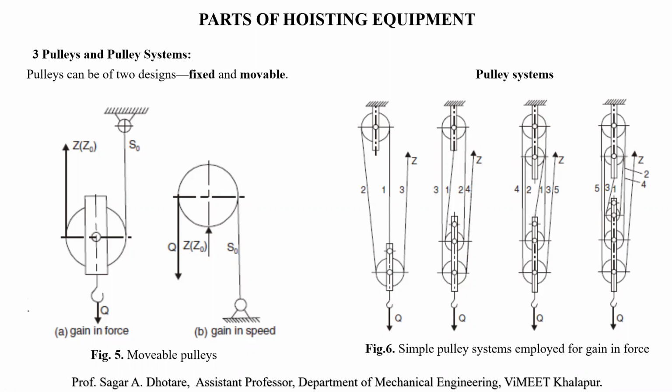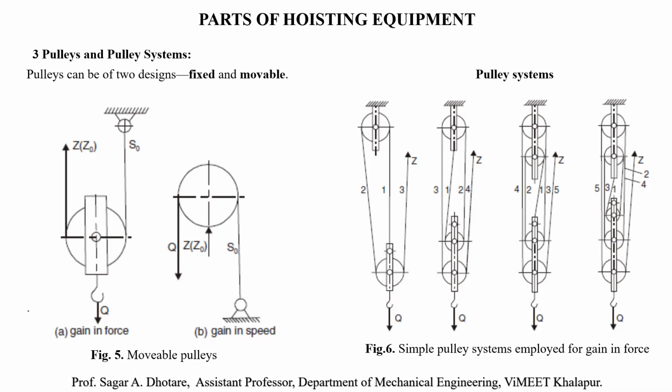In case of a hoisting mechanism, the use of each pulley increases the pulling effort on the rope because of the resistance offered by the pulley. The pulley resistance arises out of the resistance of the rope to bending over the pulley and the frictional resistance in the pulley bearings.